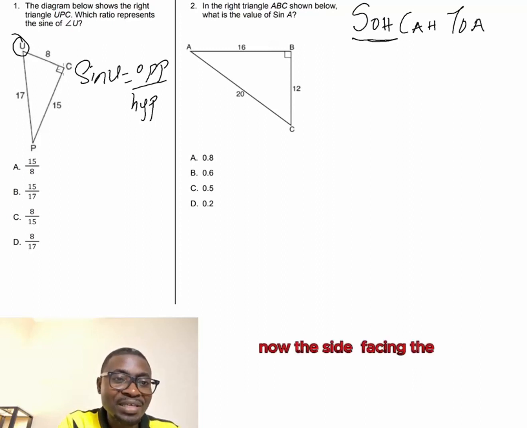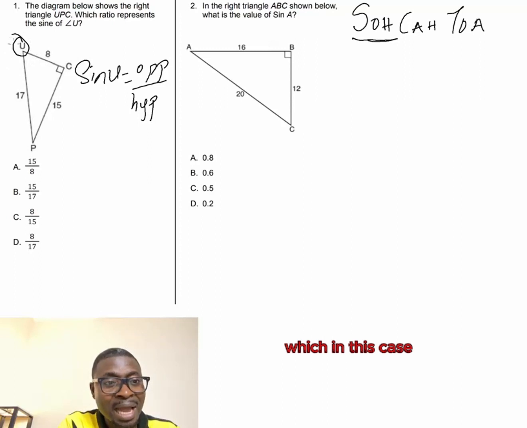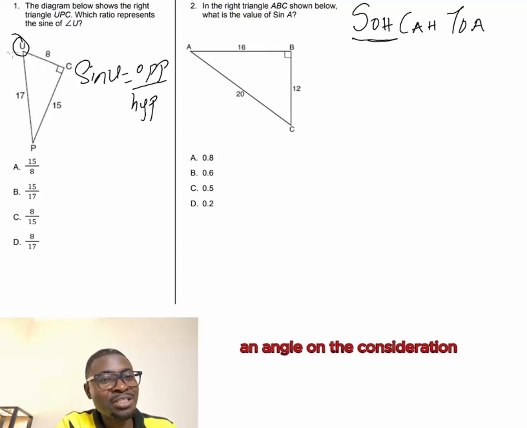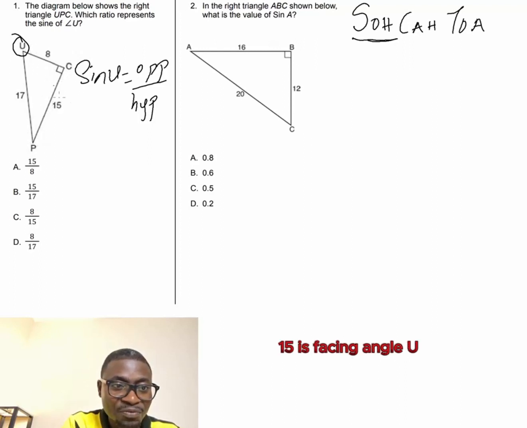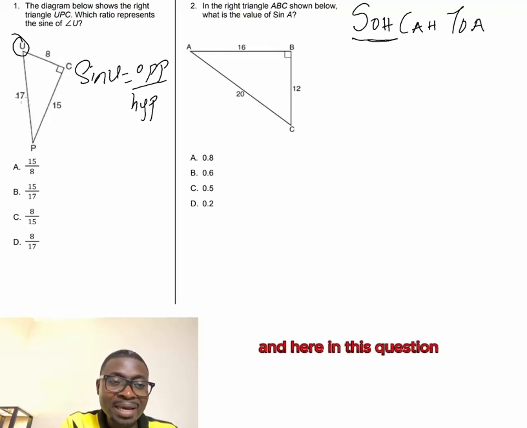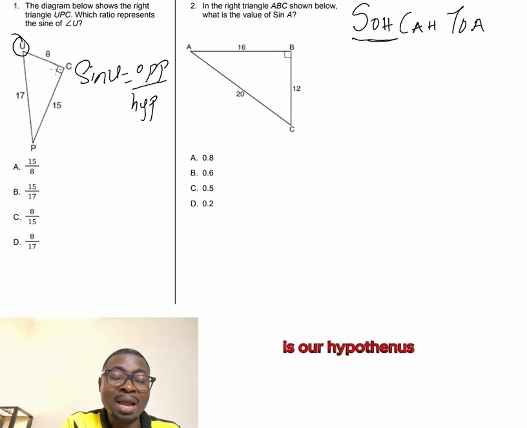The side facing the angle under consideration, which in this case is U, is the opposite. So the side facing angle U, which is 15, is our opposite. The side facing the right angle, and here in question number 1 our right angle is on C, meaning the side facing it, which is 17, is our hypotenuse.